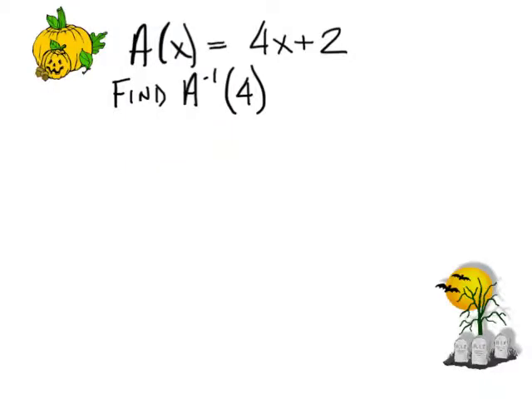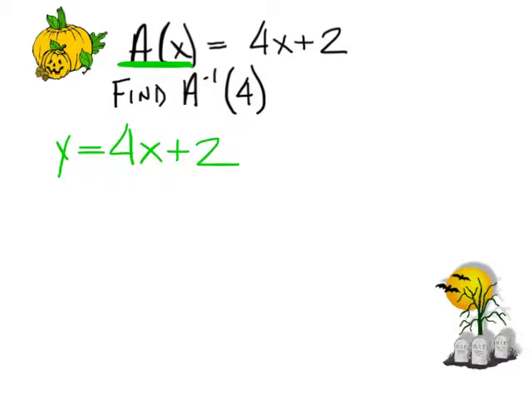Example 3. A of x equals 4x plus 2, and you have to find the inverse of a of 4. First you have to find the inverse of a. So what you do is this. Instead of writing this as a of x equals 4x plus 2, write it like this. Y equals 4x plus 2.